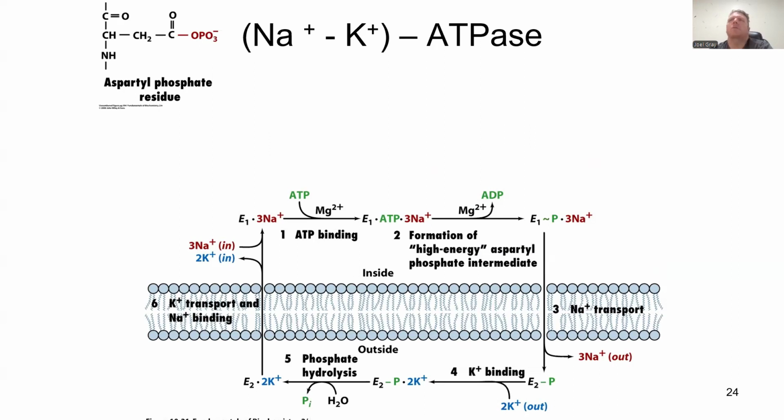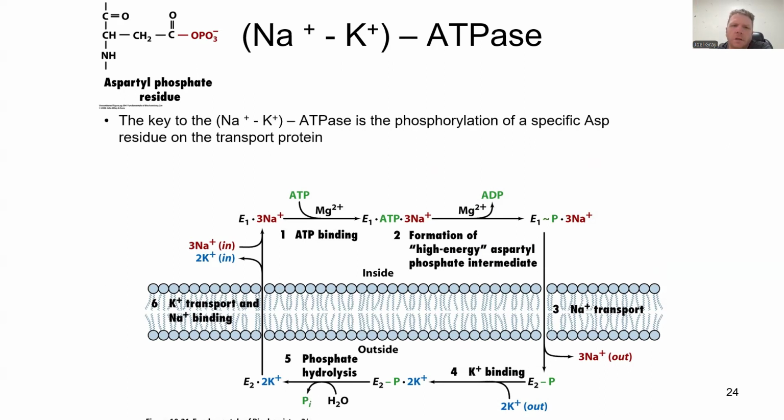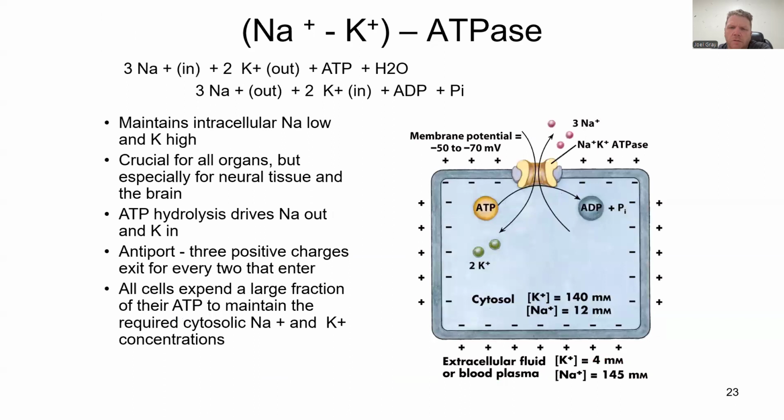So there's a couple of details that I need you to be familiar with with respect to our sodium potassium ATPases. The key to a sodium potassium ATPase is the phosphorylation of a specific aspartic residue on the transport protein.